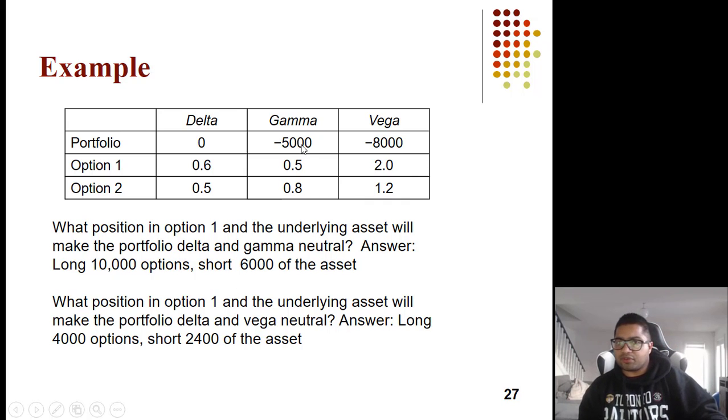So you have to hedge 50,000 gamma. How to calculate it? It is 50,000 divided by 0.5 and 8,000 divided by 2. The answer will be 10,000 long options and 10,000 short options.